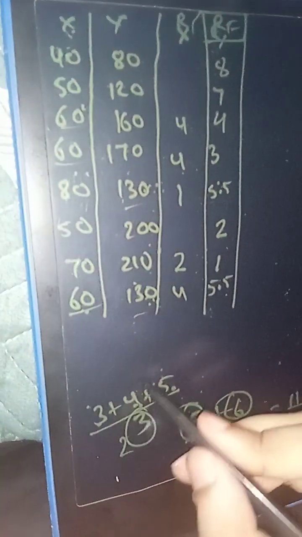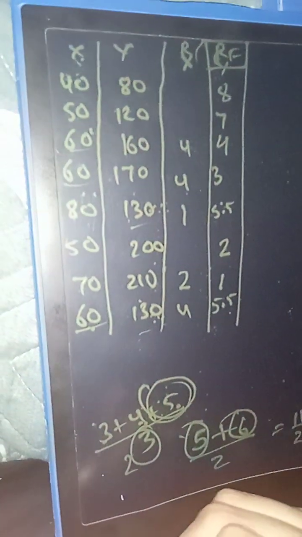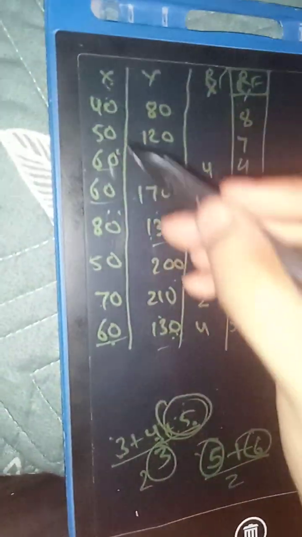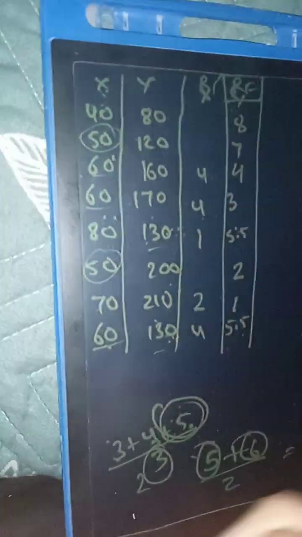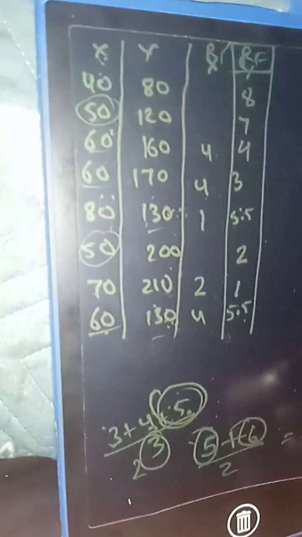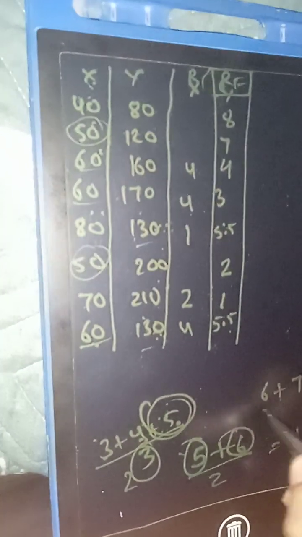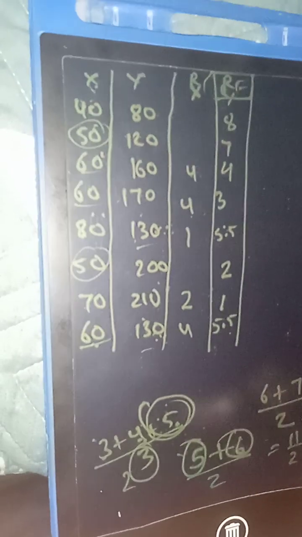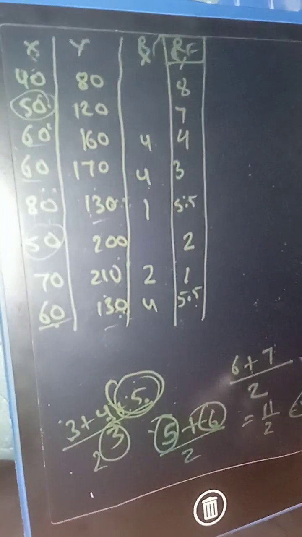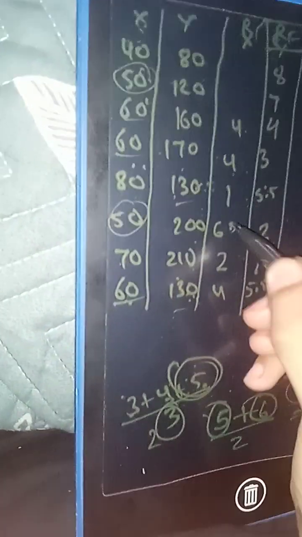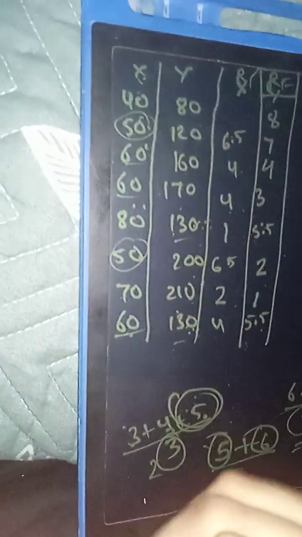Now you have to skip the ranks till 5 and start from rank 6. There are again 2 candidates for rank 6. Add rank 6 and rank 7 and divide by 2 because there are only 2 candidates. 6 plus 7 is 13, and 13 divided by 2 is 6.5. Assign the rank 6.5 to both.